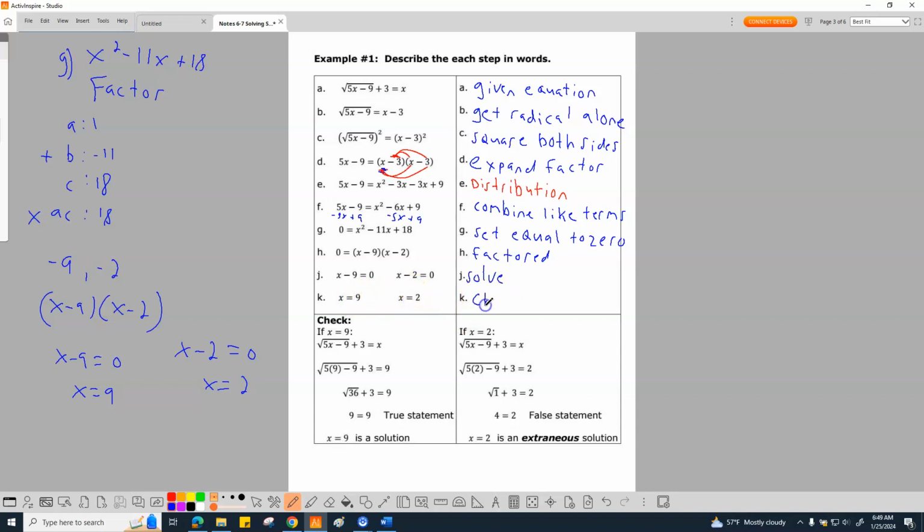Now check extraneous solutions. I'm just going to write extraneous because I'm lazy. That means go in and plug it in. So yesterday I talked about taking the square root and it being plus minus. This is one of those tricky things. When there are no squares originally inside the equation, like in here, and you take the square root, today you're only taking the positive value.